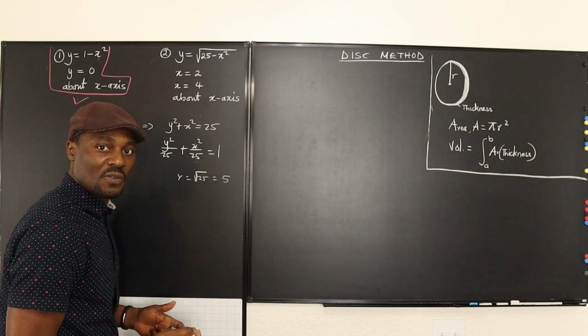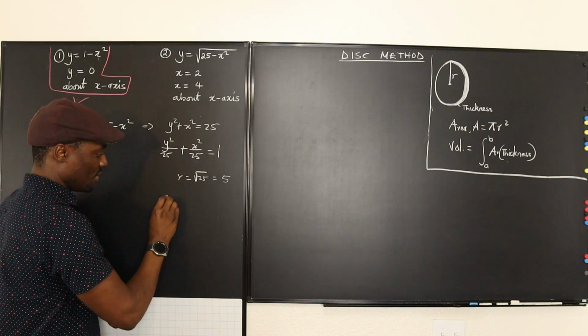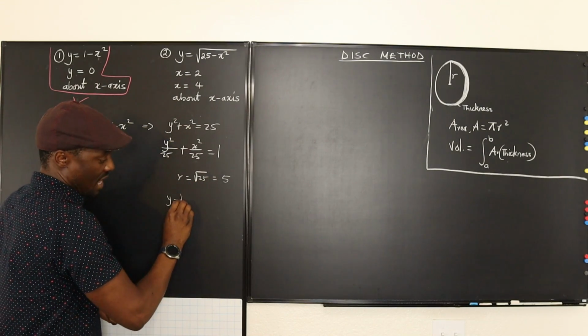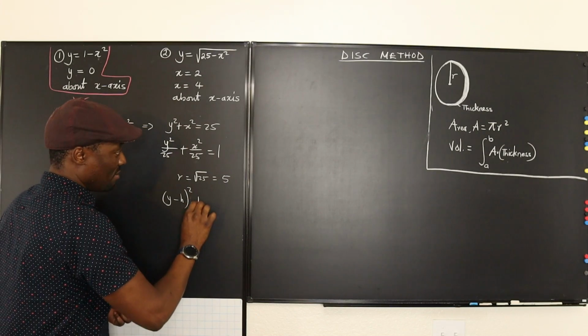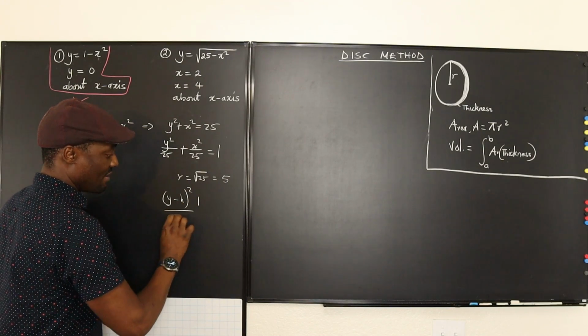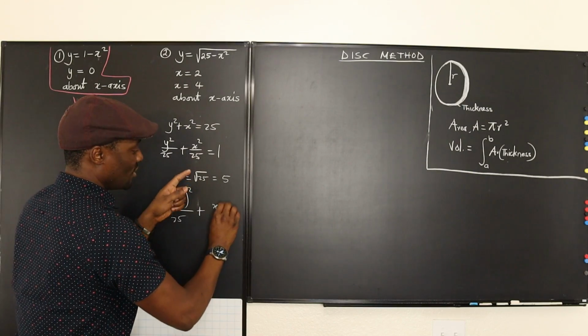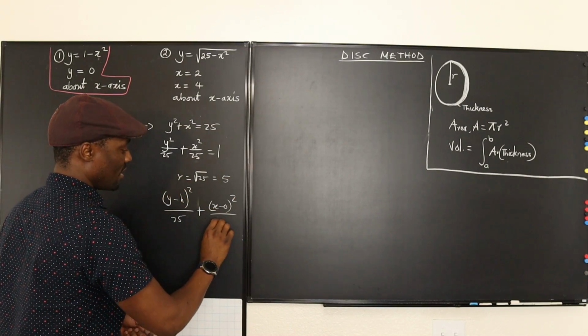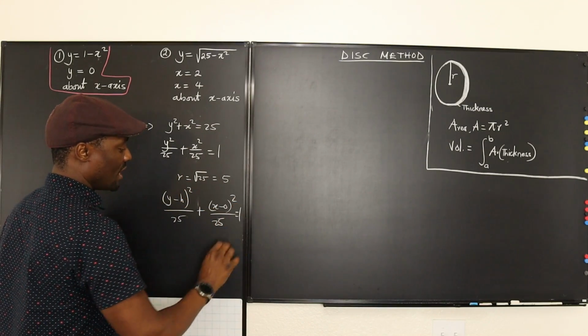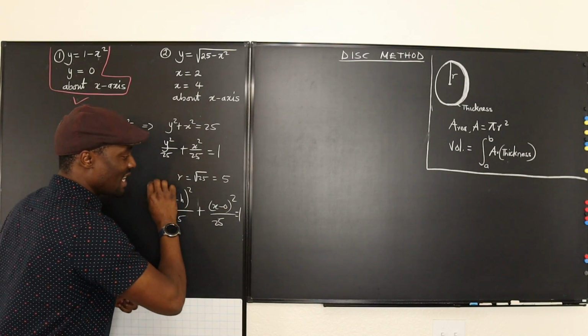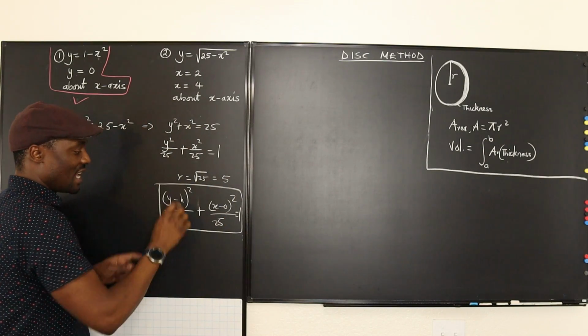Now, what is the center of the circle? Well, the center of the circle is y minus h squared over 25. And then if you rewrite it that way, this one would be x minus 0 squared over 25 equals 1. So you see, with writing it this way, I have generated the center.